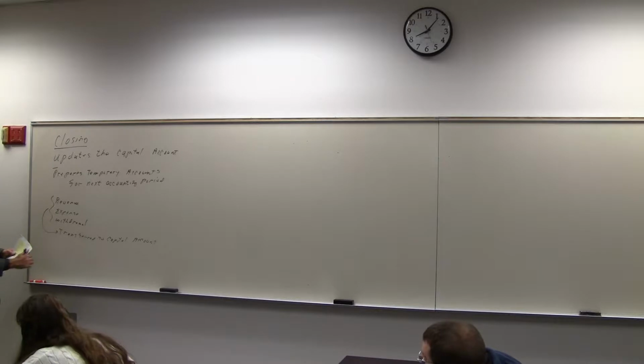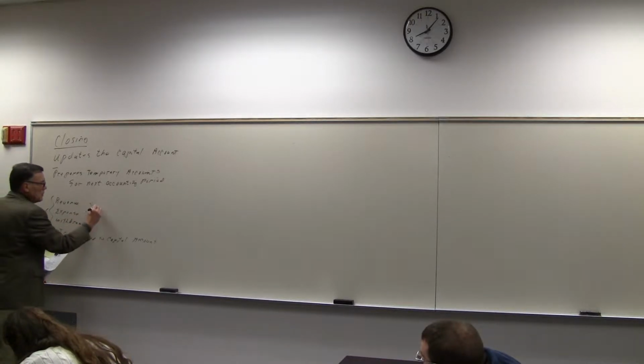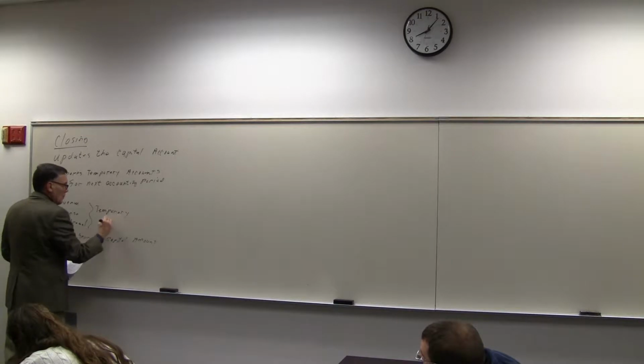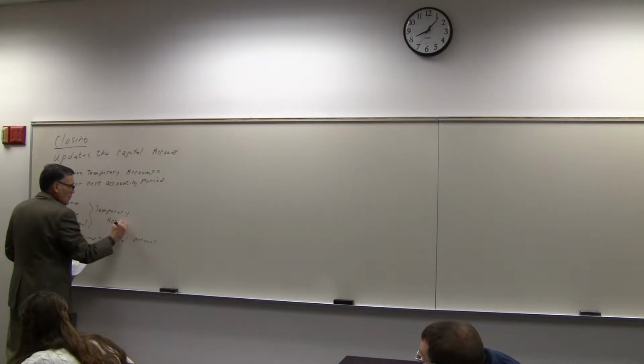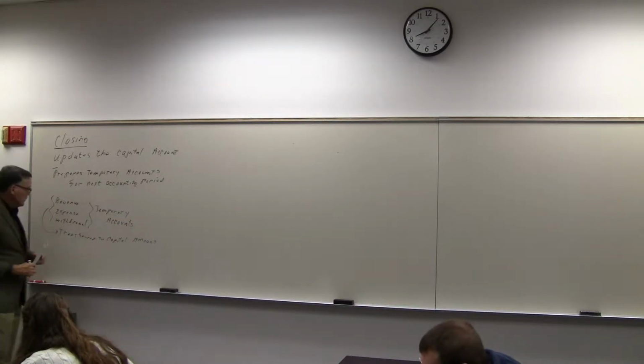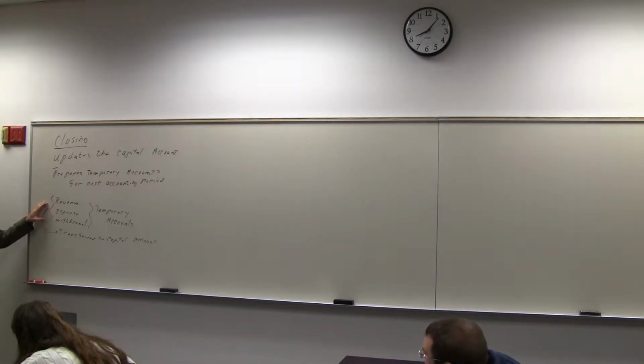So all of these are called temporary accounts. And the reason they're called temporary accounts is because they only temporarily have a balance. And then that balance is transferred to the capital account.